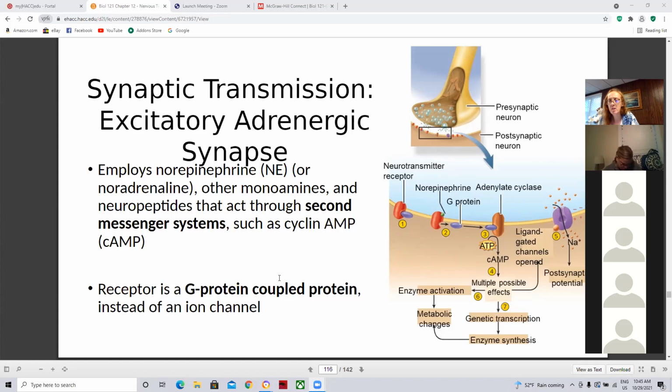The receptor for the second messenger system is a G protein coupled protein. The receptor binds to the neurotransmitter. It activates a G protein, which then activates this enzyme called adenylate cyclase, which produces cyclic AMP, which goes on to have several effects.